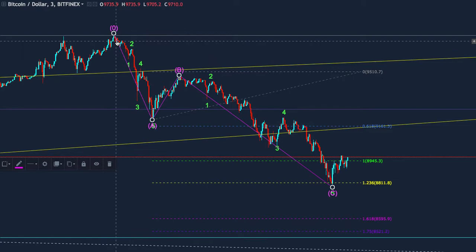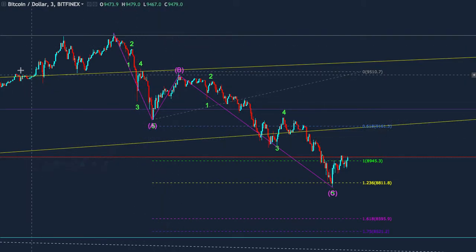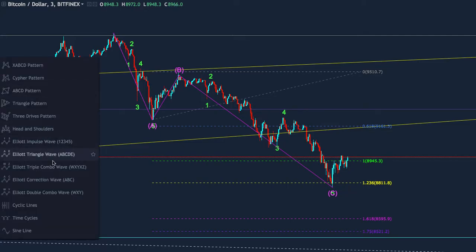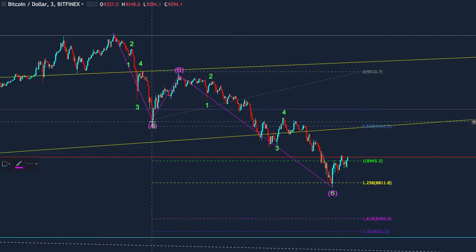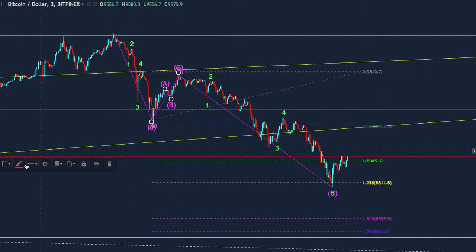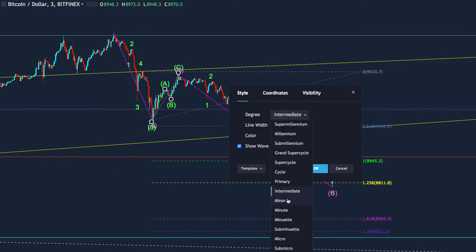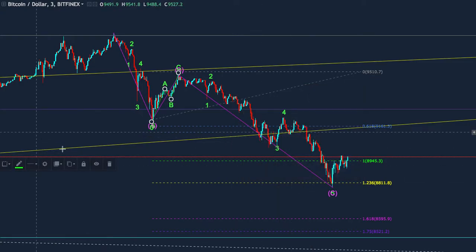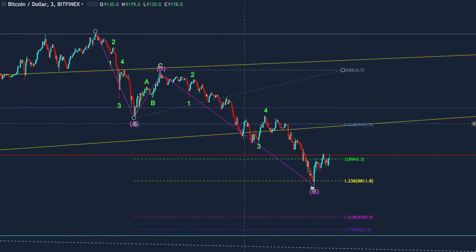So what we have is 5 waves down, we have an ABC, which is 3 waves. I'll show you what that looks like. A, B, C. Bring the degree down. And then we finish in 5 waves.